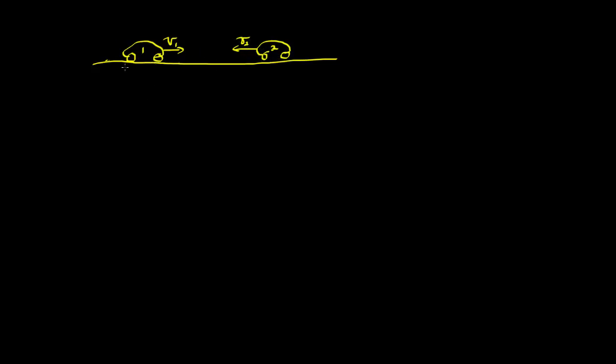Now we learned that in an isolated system, if I have a system of these 2 cars, momentum is conserved. But what if I just have one? What if I just analyze one car? So let me take the isolated 2-cart system. We've already established that the momentum is conserved. So the total initial momentum is equal to the total final.